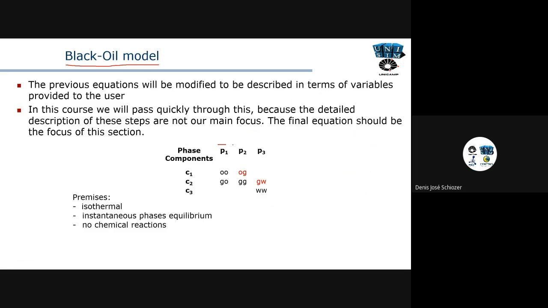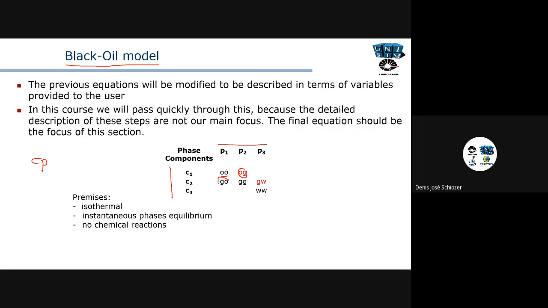So again, we have 3 phases and 3 components in the black oil model. We're going to have these options, so oil in oil. This is the amount of component oil that's inside the oil phase. This is the amount of component oil that's inside the gas phase.